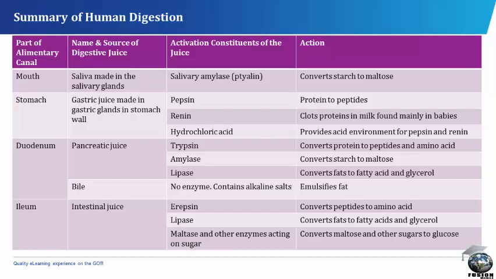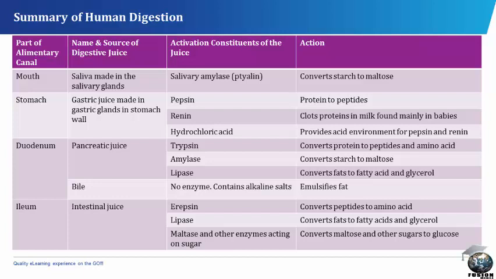The action it carries out include: one, it converts protein to peptides and amino acid. It converts starch to maltose. It converts fats to fatty acid and glycerol, and the bile emulsifies fat.